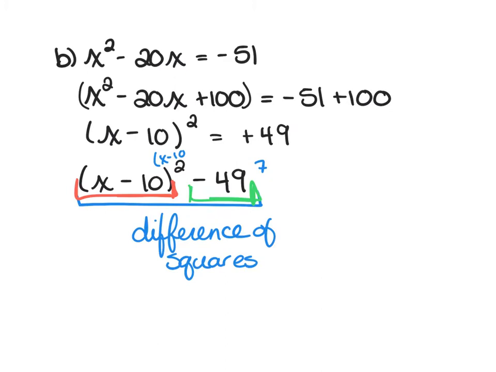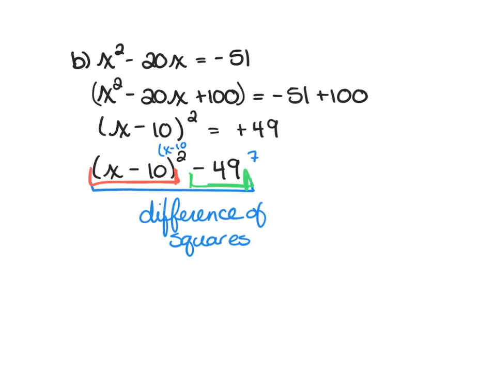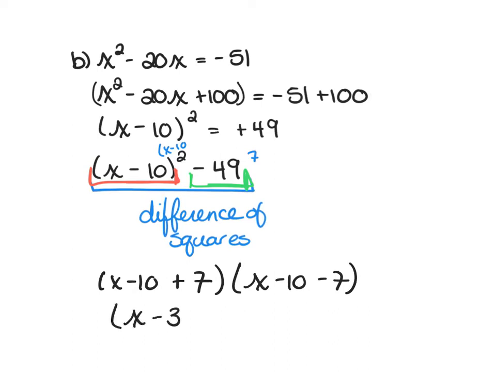So we can easily, hold on, we can easily just break that up into x minus 10 plus 7 and x minus 10 minus 7, which gives us our x minus 3, x minus 17, and tells us that we have x equals 3 or 17.